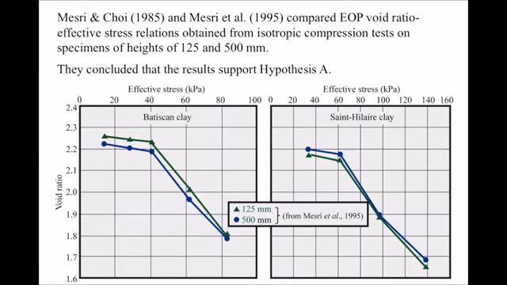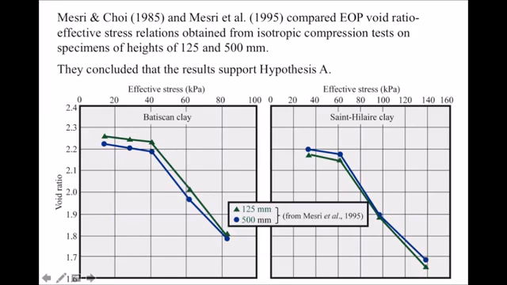This aspect has been examined by Mesri, who compared the end of primary consolidation of specimens having a thickness of 125 millimeters and specimens having a thickness of 500 millimeters. So they loaded these two specimens with different heights and obtained this compression curve.